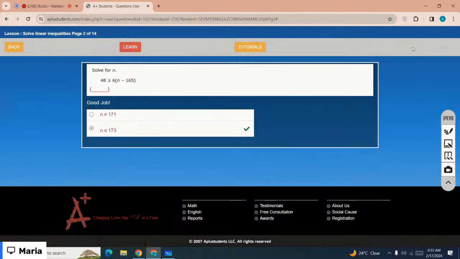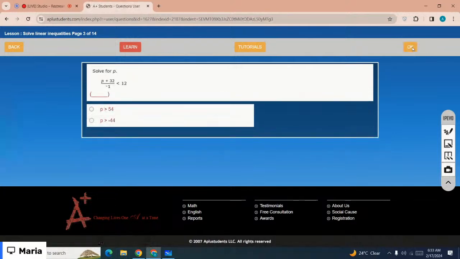Option number 2 is the correct option. The correct option is P is greater than negative 44.